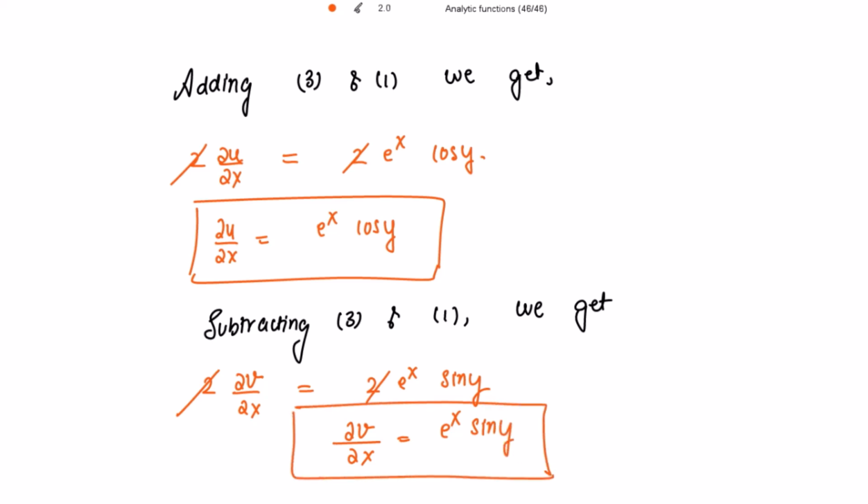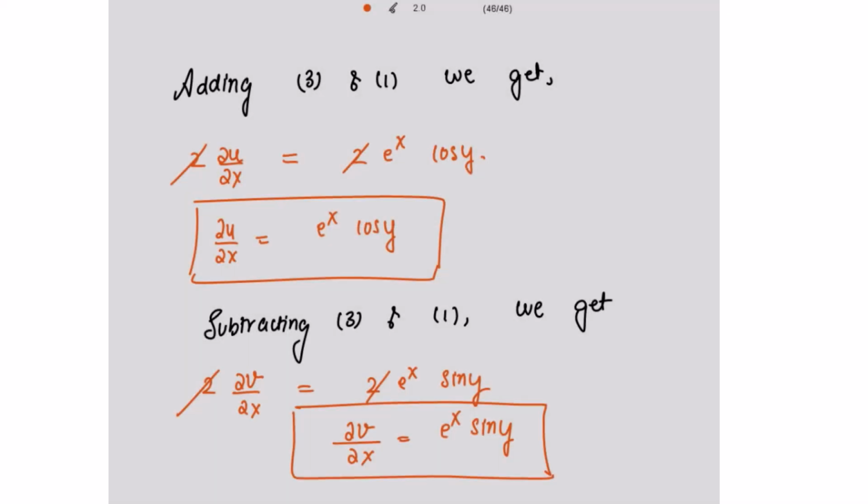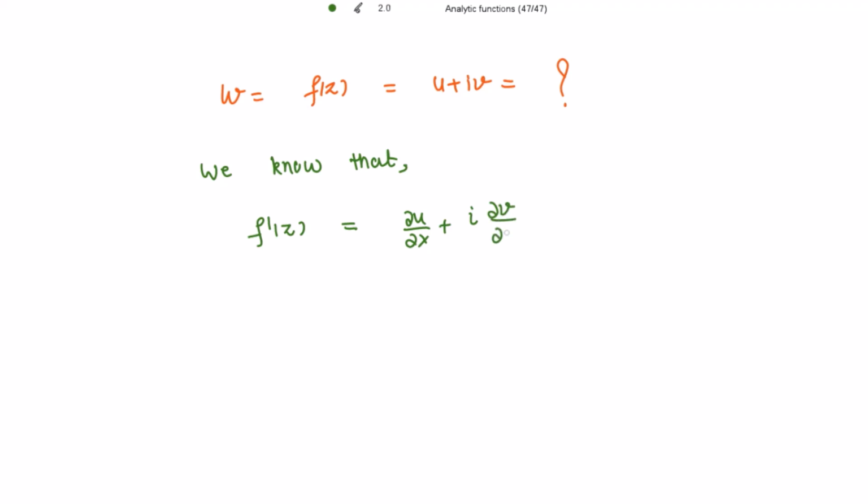Very fine? Yes? What do we need to get? We need to find w = f(z) = u + iv in terms of z. One thing we know is that f'(z) equals ∂u/∂x + i ∂v/∂x.